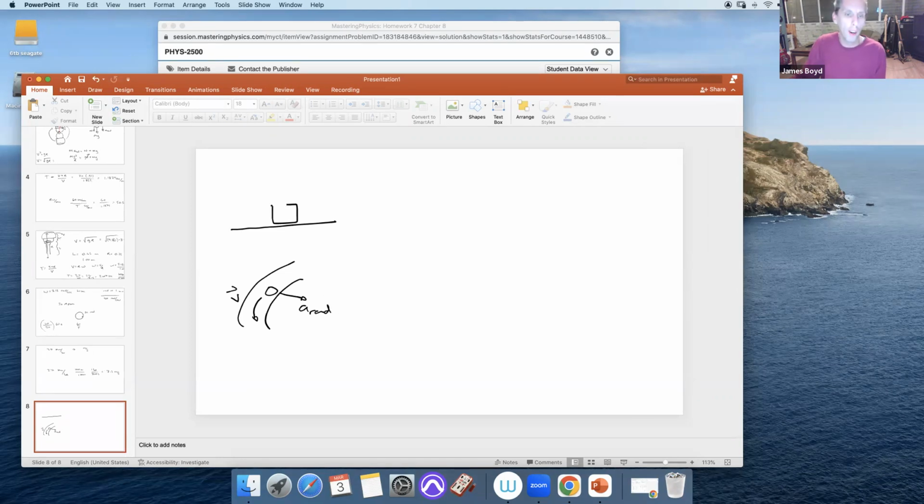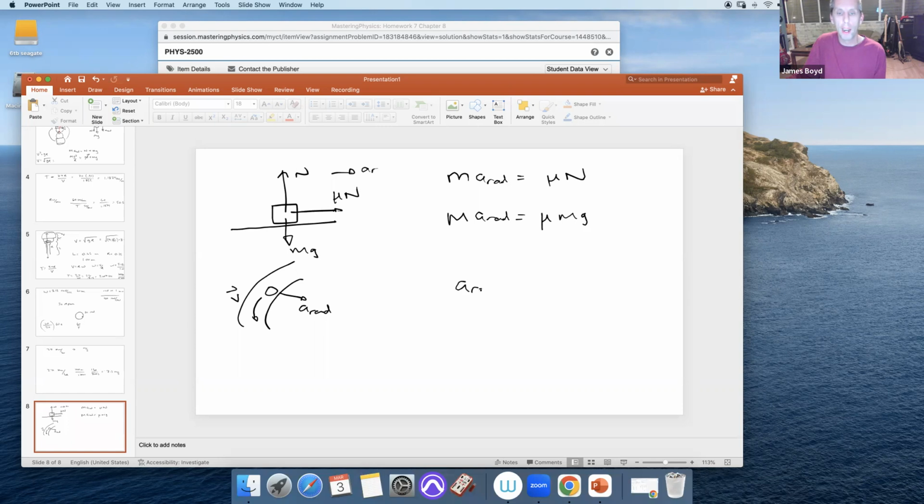Our car has a normal force, mg down, and static friction pushing it to the center. That's mu n. So m a rad is mu n, and n is equal to mg.